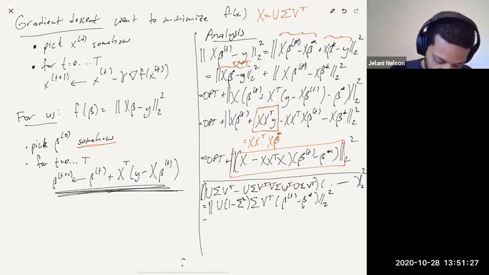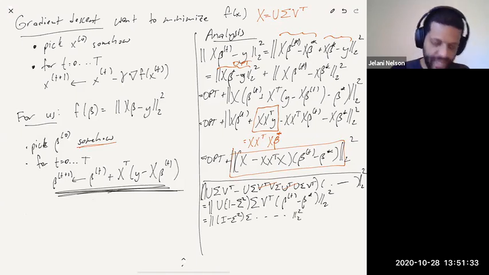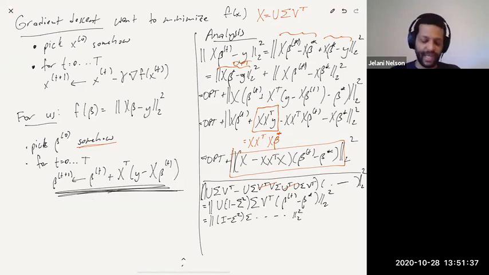And again, this is equal to dropping the U, because since U has orthonormal columns, the norm of U x is the same as the norm of x for any x. And then I can just say, look, the norm of a matrix A times x is at most the operator norm of A times the norm of x.